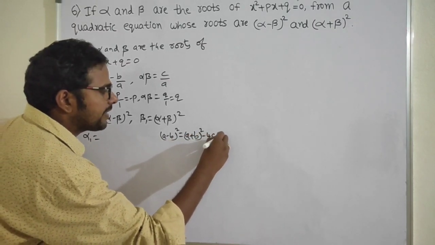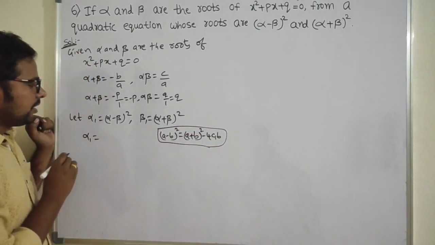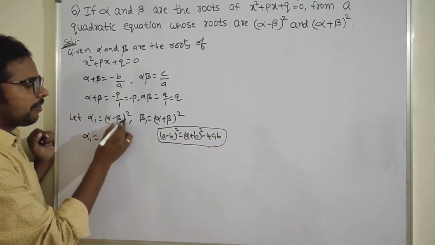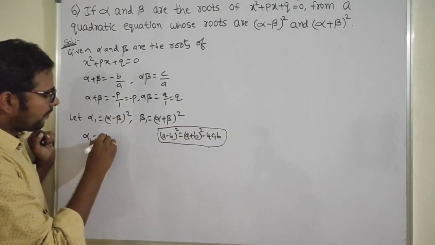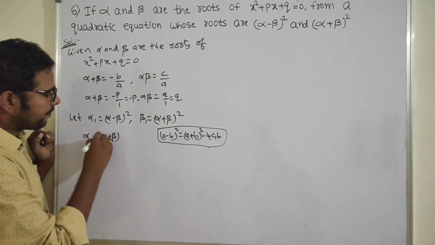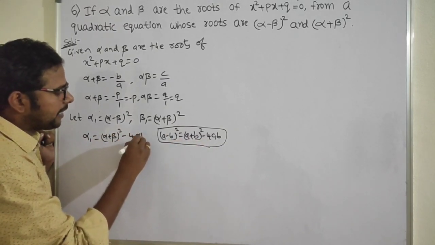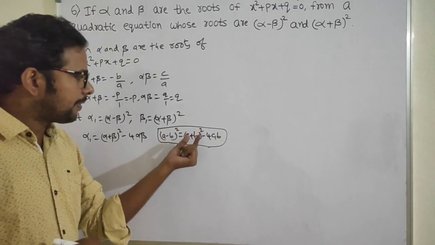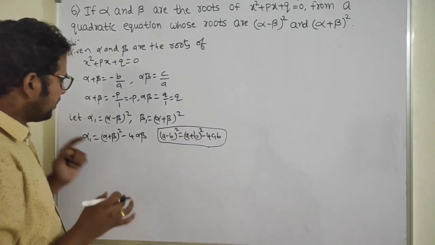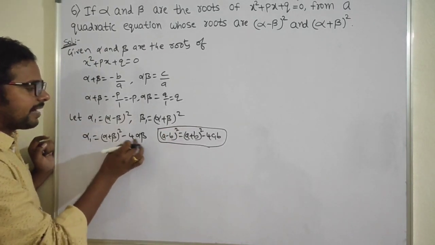So I am writing alpha minus beta whole square is equals to alpha plus beta whole square minus 4 alpha beta by using this formula.